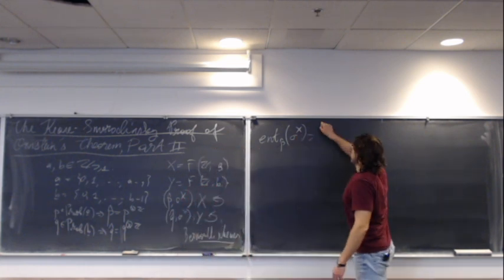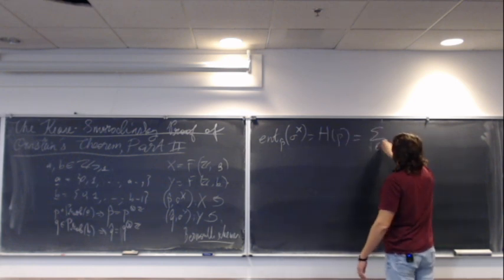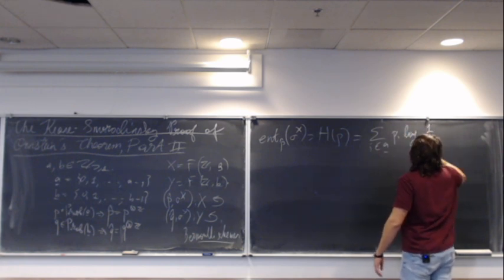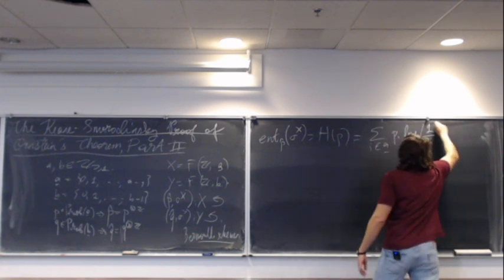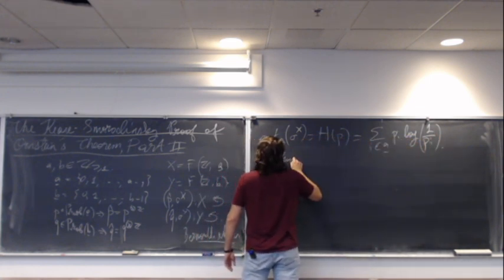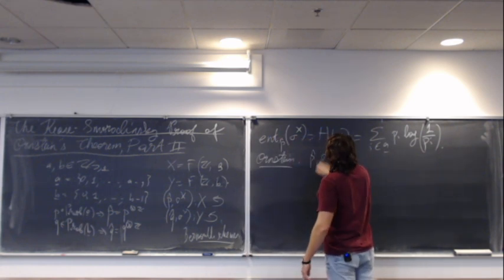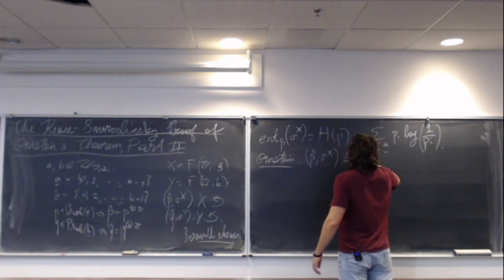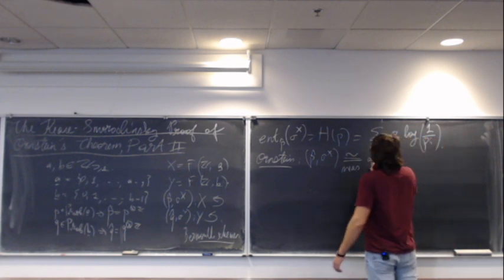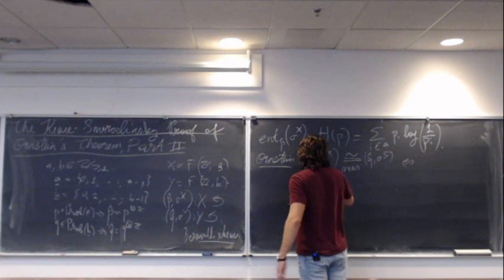The entropy of this is also the H of P, which is defined as this sum. And the Ornstein theorem said that P hat sigma X is measure theoretically isomorphic to Q hat sigma Y if and only if the entropies match.